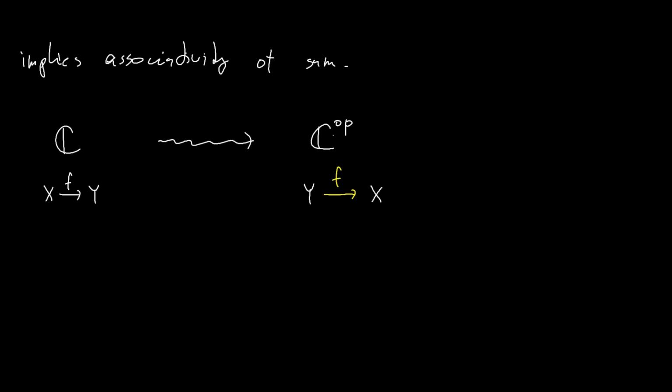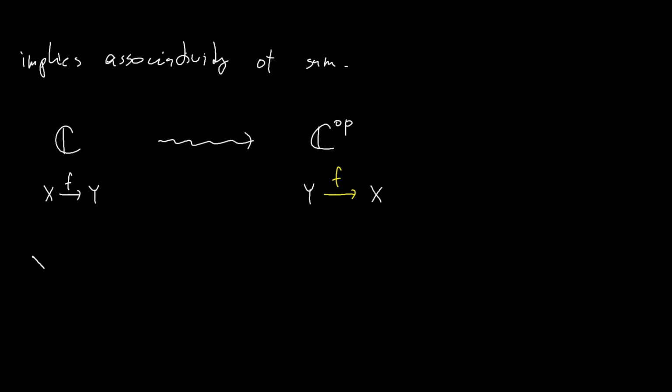Seeing F as a morphism in this dual category, it is the same F, it's the same thing, but in terms of its direction in the category C, it is actually a morphism going from X to Y. So when I have a yellow arrow from Y to X, that means an arrow in this category, it means I have a white arrow from X to Y. And so the axioms of a category are invariant under this duality. So when I build this thing out of a category C, it will also be a category.